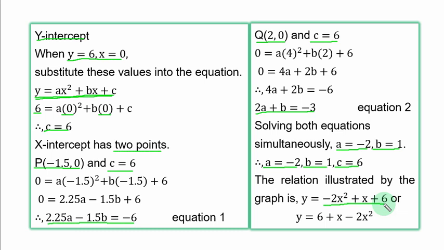Or if we want to keep minus 2 inside, we can start by writing 6, plus s, then minus 2s squared. Or y is equal to 6 plus s minus 2s squared, as the relation illustrated by the graph after finding all the constants.